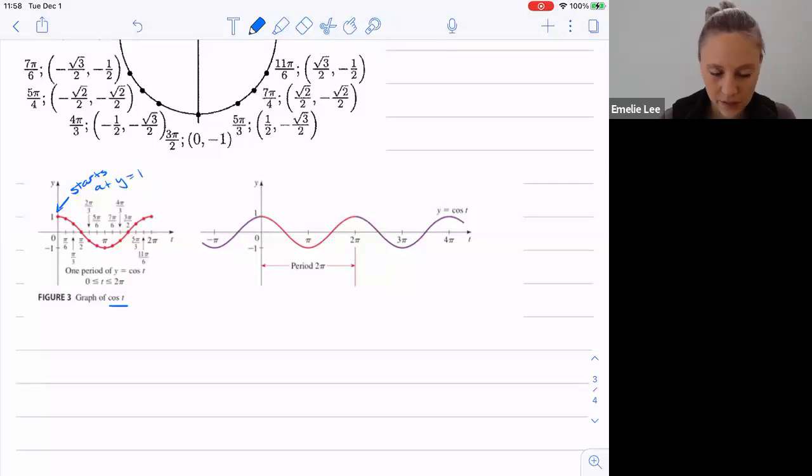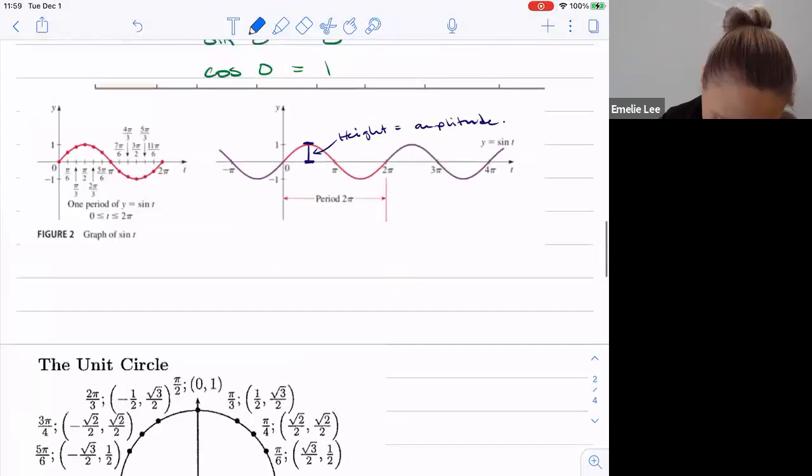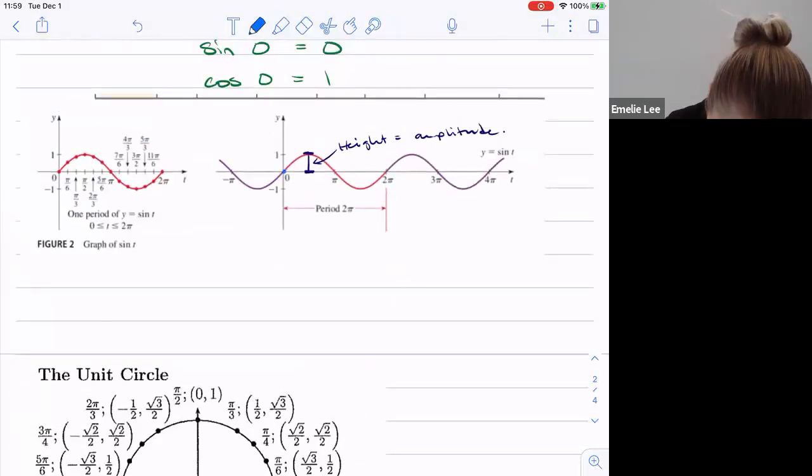Okay. So again, we've got this period of 2 pi, right? But it starts up here and it ends up here. So that's how you know you've completed a full cycle. Whereas up here, it started down here.